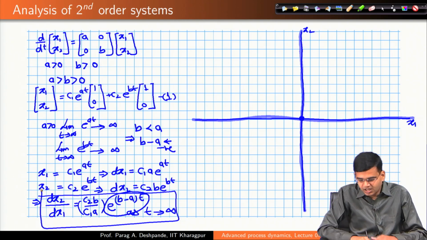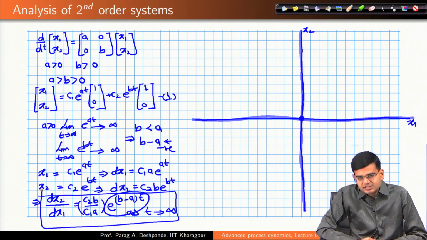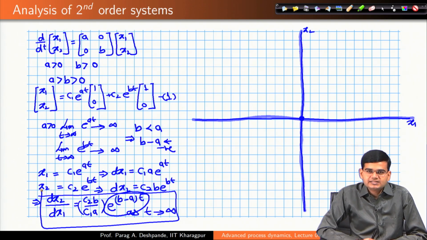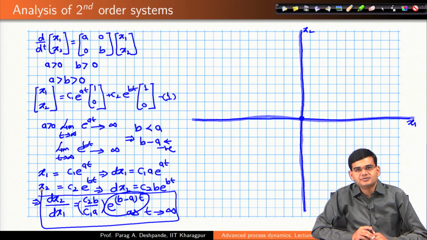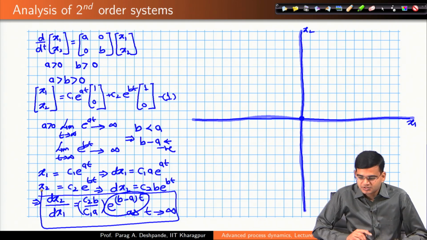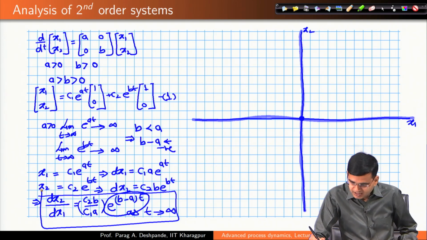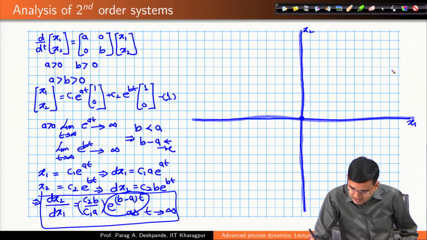So, how do I draw a set of curves such that as time t tends to infinity, the slope becomes 0 and at the same time there is no t anywhere here on the phase portrait. So, let us see if the curve which I draw satisfies this condition.